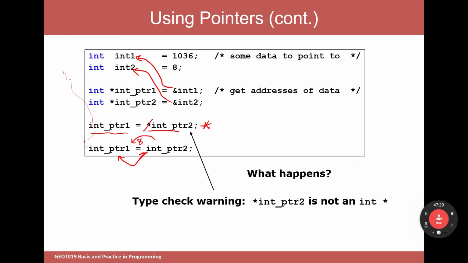This one is fine. So here I say int PTR2, whatever the address of int PTR2, will go to the int PTR1. That means int PTR2 and int PTR1 are now pointing to the same variable. So after this line, int PTR1 and int PTR2, both of them are pointing to int 1.